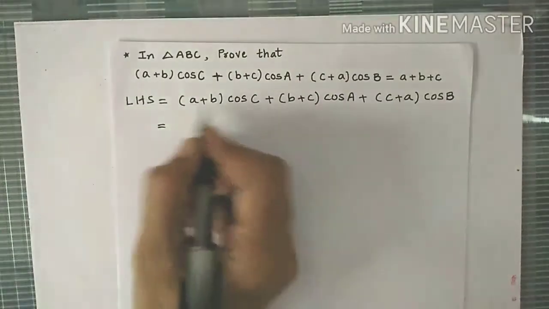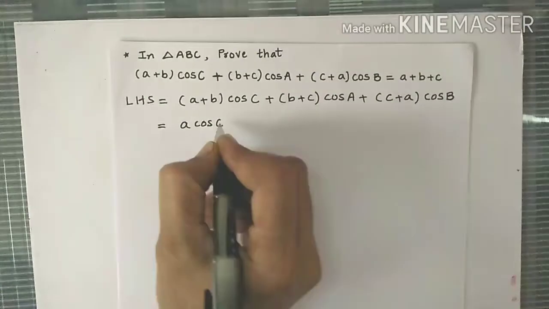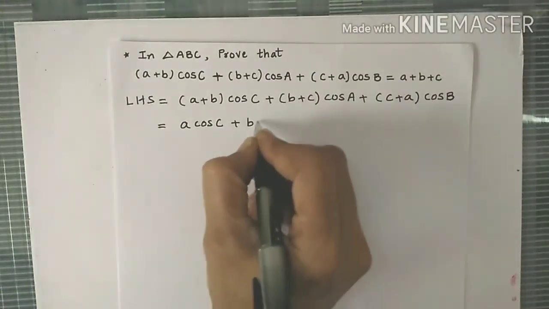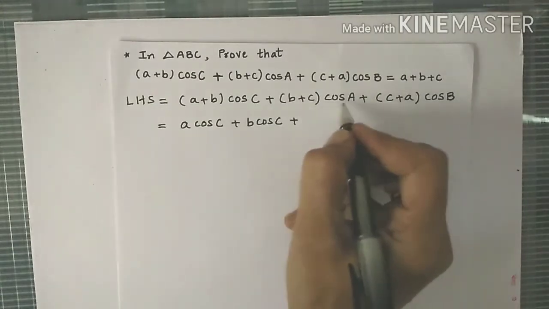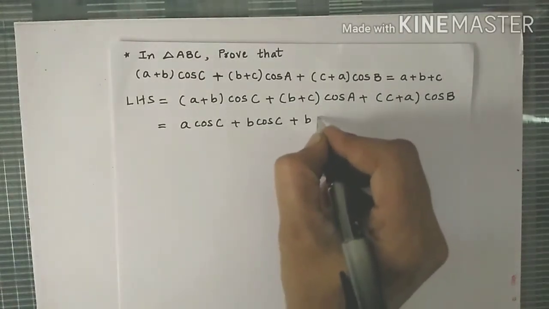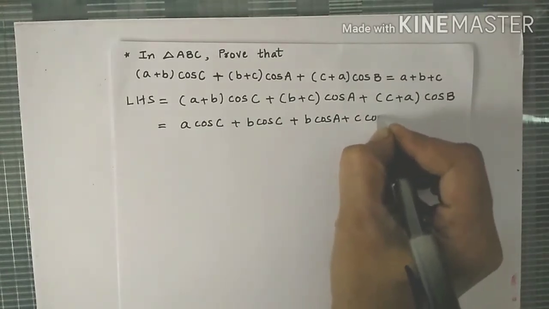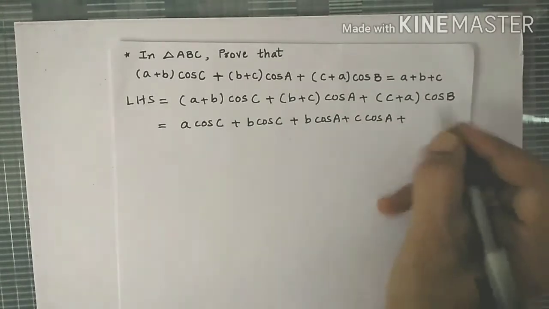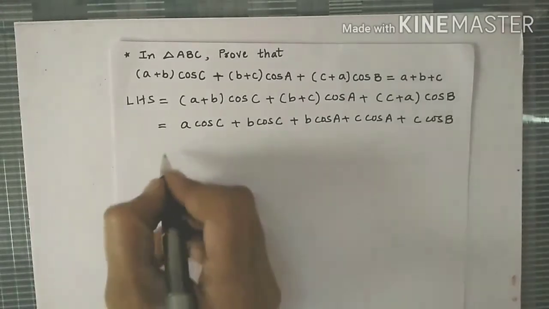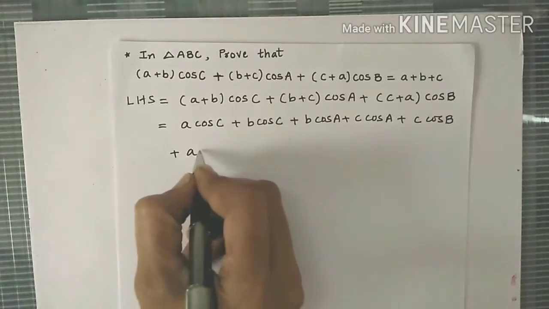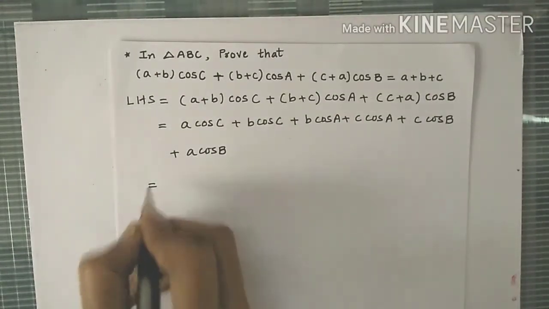So multiplying this bracket by cos C, we get a cos C + b cos C. Similarly, for the second bracket, multiplying by cos A, we get b cos A + c cos A, plus here we get c cos B + a cos B. So this is our left hand side.